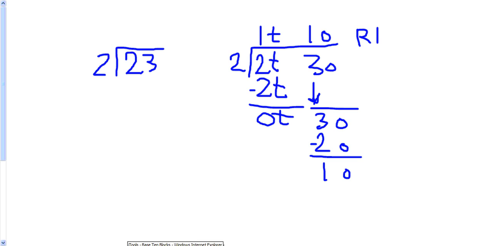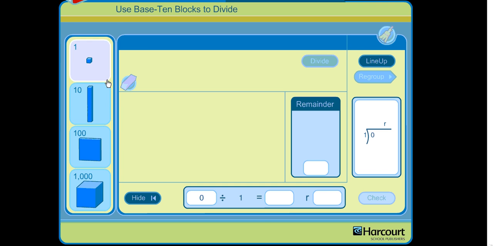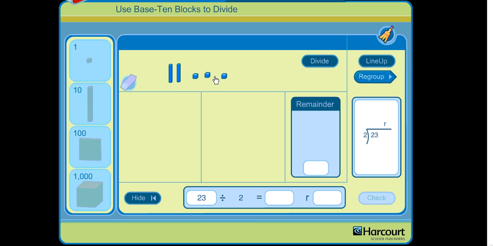What that looks like if we go to my iTools in Think Central is I'm going to make 23. So this is what I'm talking about when I say 2 10s is a 20, and then 3 1s. We're going to think of each of these as a stack of 10 cookies, and then 3 individual cookies. I'm going to divide those with my 2 daughters, so I want 2 equal size groups. So here's Emily, here's Elena.